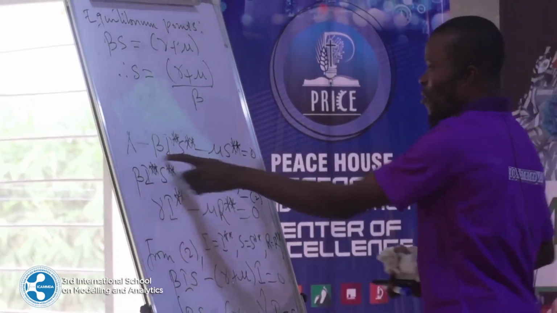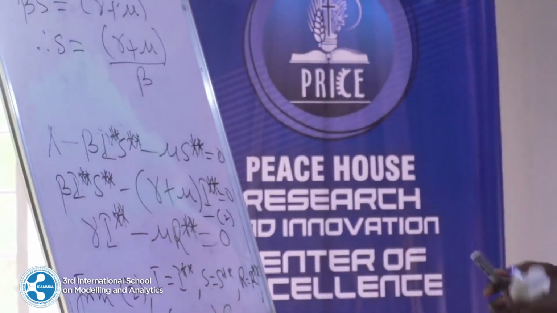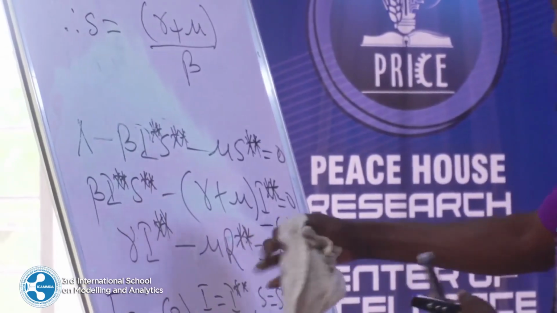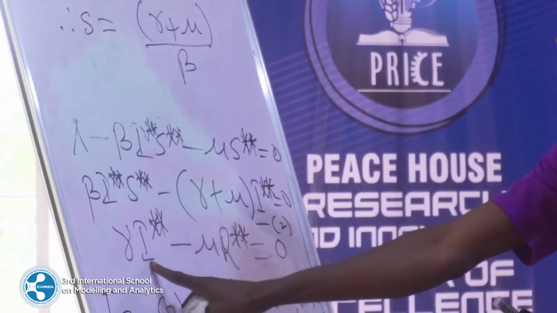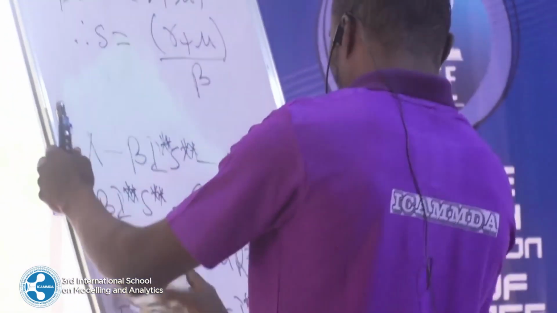From the first equation, right? So from the first equation, I can get my I, and then from the last equation, having gotten my I, I can also get my R.